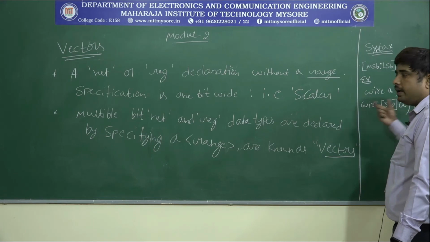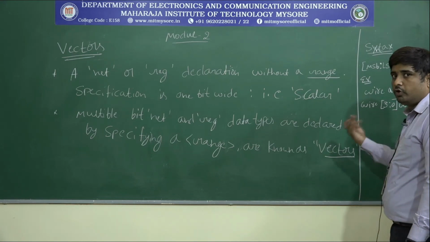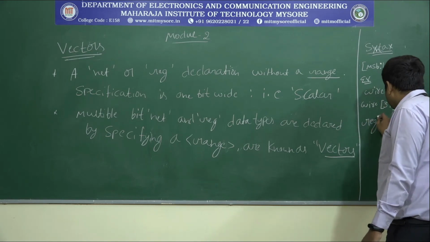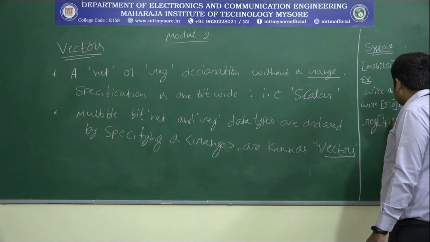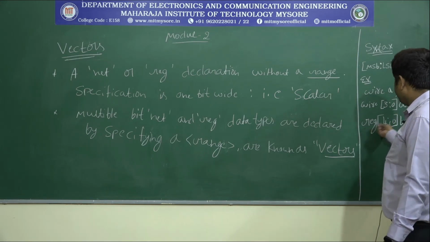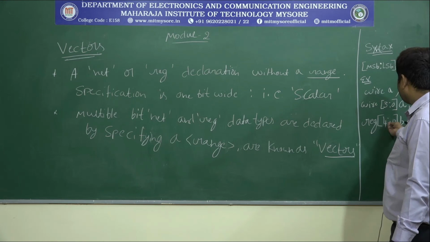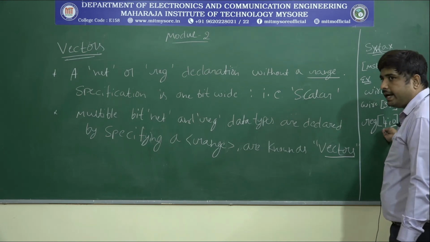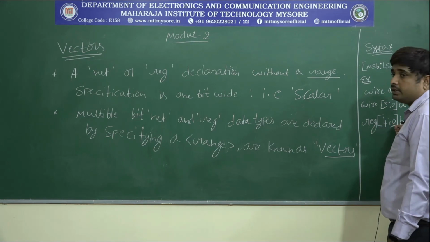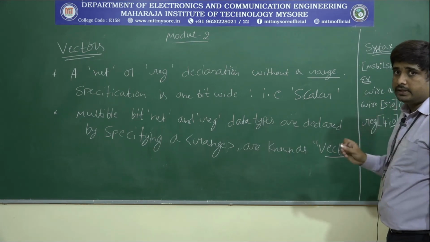Let us take one more example with respect to a register, that is reg [4:0] B. So it indicates the register is 4 down to 0, in the sense it's a 5-bit register.